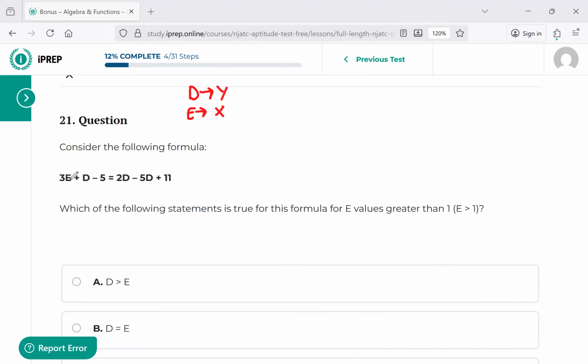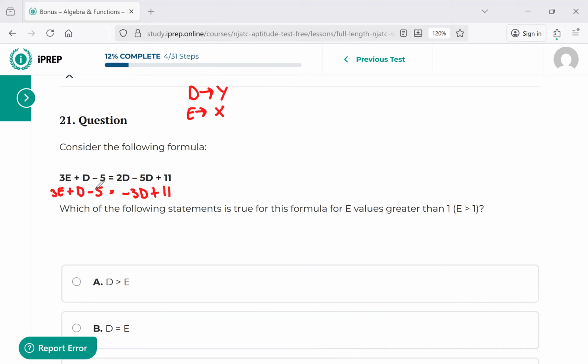Okay, so let's solve for d. Over here we can simplify the right side. What's 2d minus 5d? Negative 3d. And then you have 3e plus d minus 5.